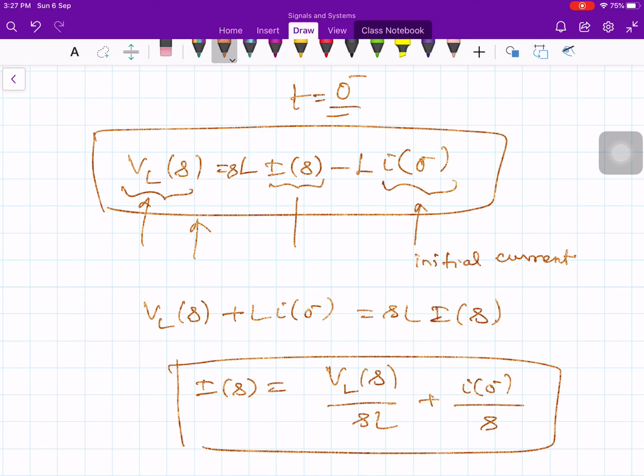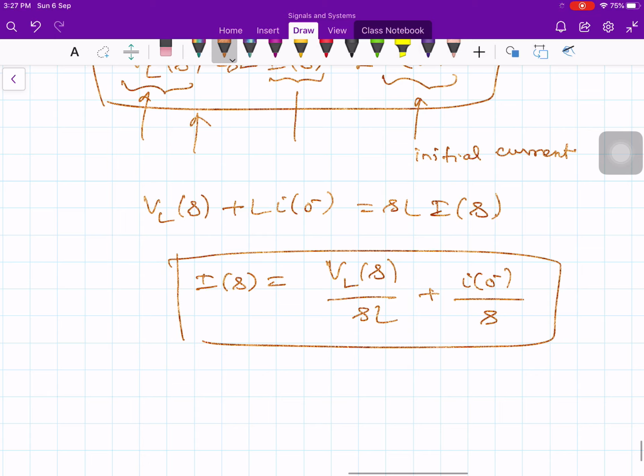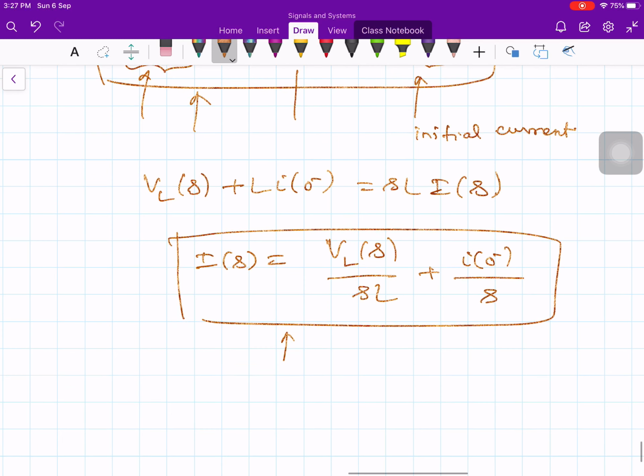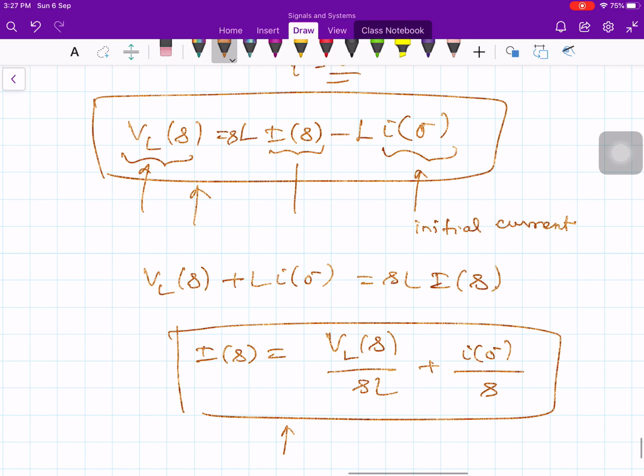That gives you an alternate expression relating the terminal current and the terminal voltage in the Laplace domain. So both these equations now are the terminal equations of an inductor in the transform domain. One is in terms of voltage and another is in terms of current.